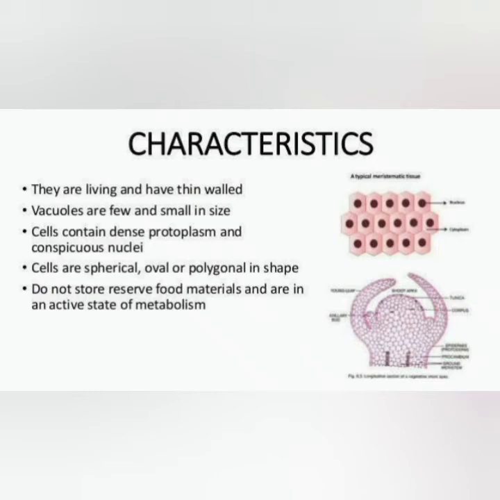Vacuoles are few and small in size. Cells contain dense protoplasm and nuclei. Cells are spherical, oval or polygonal in shape, do not store reserve food materials and are in an active state of metabolism. Because to divide the cells vigorously, we need active metabolism. So these are the characters of the cells of meristematic tissue.